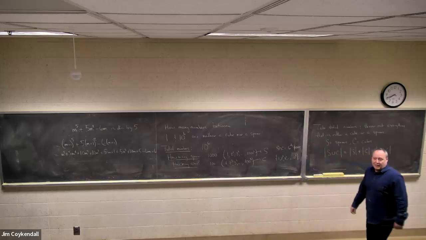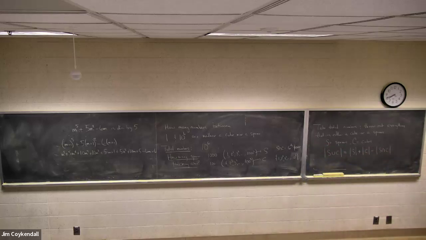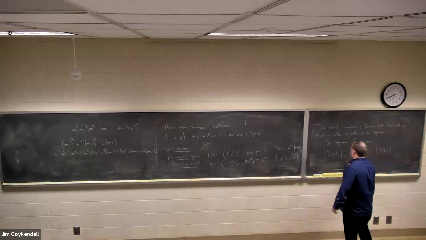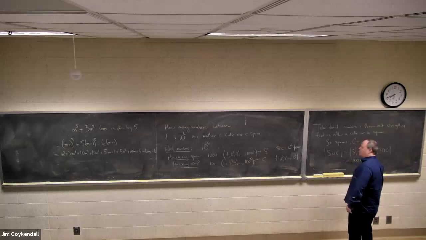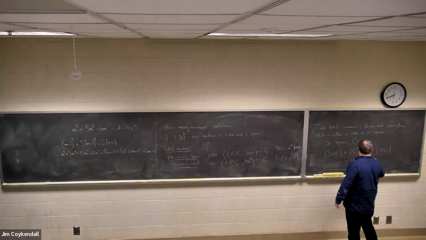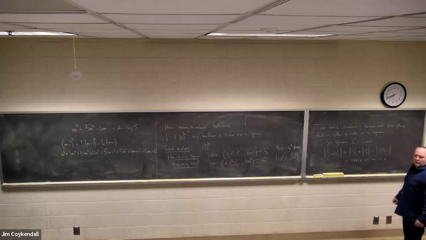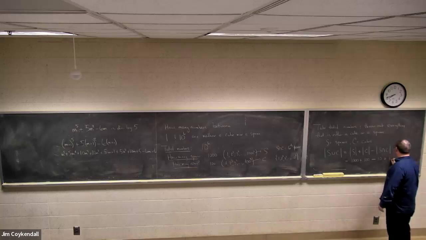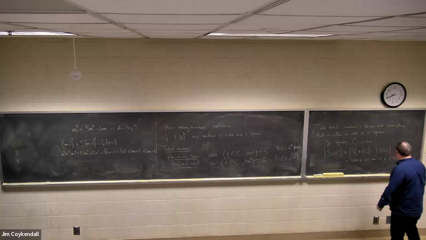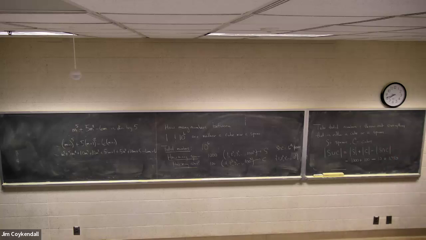There should be 10 sixth powers. Everybody agree with me? So how many squares were there? 1,000. How many cubes were there? 100. And then you had to throw out the 10 that were overlap. So that's 1,100 minus 10, which is 1,090, something like that.